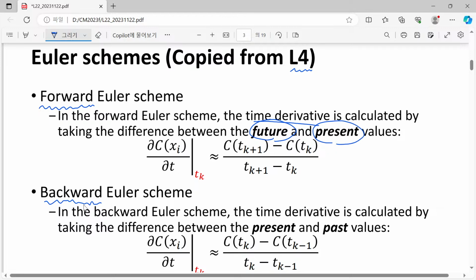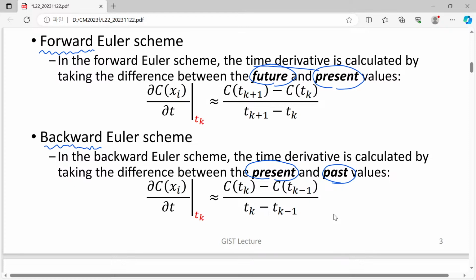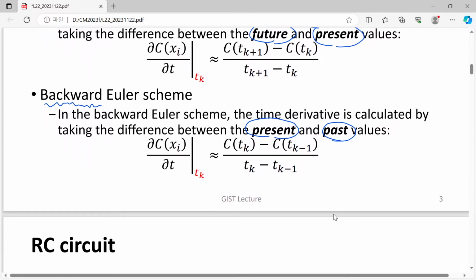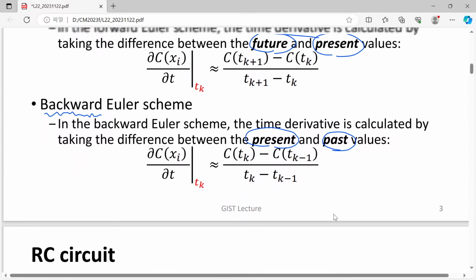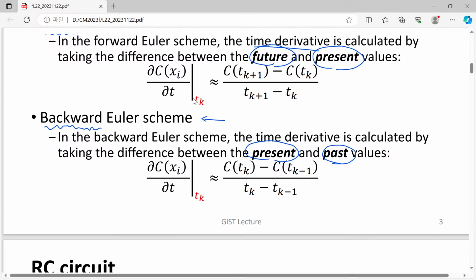In the backward Euler scheme, we use present value and past value to evaluate the time derivative. Previously we considered the backward Euler scheme, and today we will also use it.